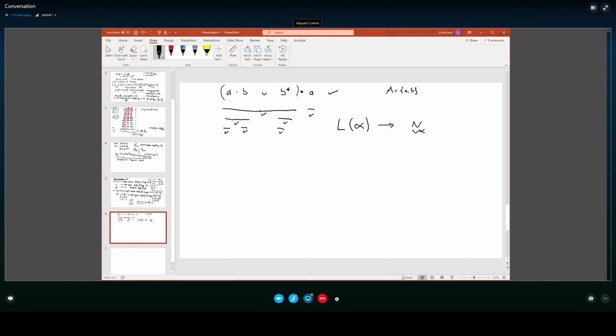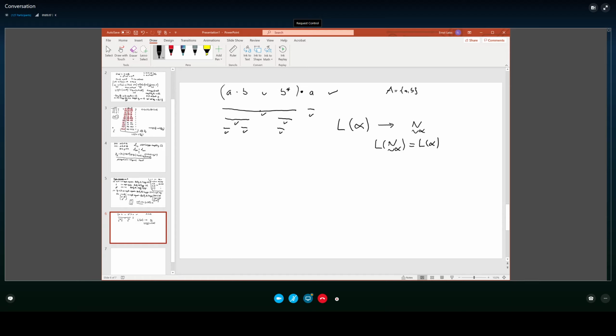And of course, the idea is that the language accepted by that non-deterministic finite automaton is supposed to be exactly the language denoted by that regular expression.